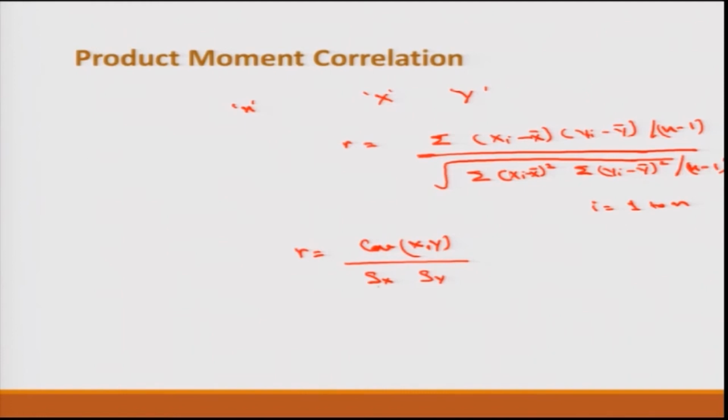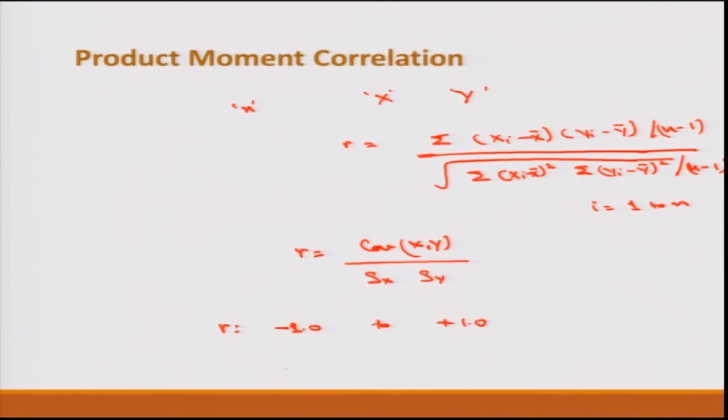So, r is nothing but covariance of x y over standard deviation for x and standard deviation for y. r varies between minus 1 to plus 1. Plus 1 means perfect positive correlation, minus 1 means perfect negative correlation. The correlation coefficient between two variables will be the same regardless of their underlying units of measurement.